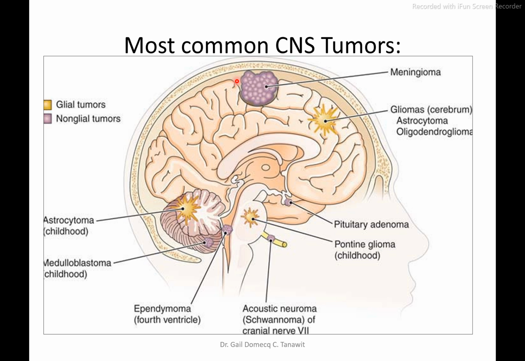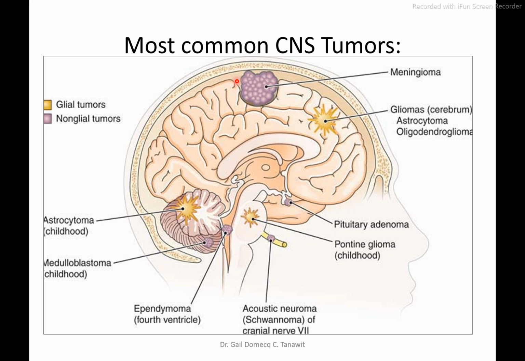But of course, meron tayong what we call atypical meningioma. The atypical meningioma is, of course, mas bad ang prognosis as compared to the low grade, or yung typical meningioma na tinatawag namin.